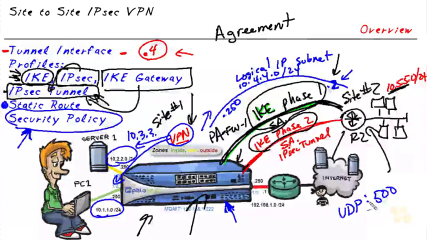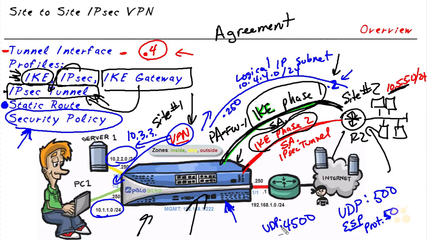And presuming that's successful, the actual IKE Phase 2 tunnel, which is using ESP, Encapsulating Security Payload, that uses protocol 50. So ESP is not using TCP or UDP, it's its own layer 4 protocol, protocol number 50. And if we wanted to allow additional functionality, for example, NAT traversal and so forth, we could also allow ports such as UDP 4500, but now we're just getting fancy.